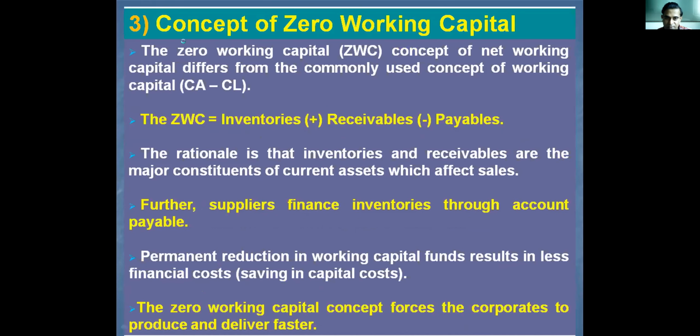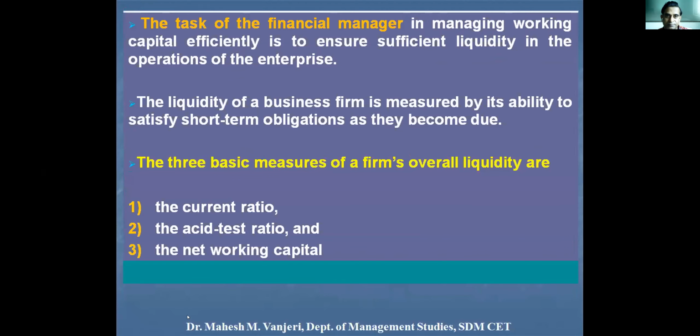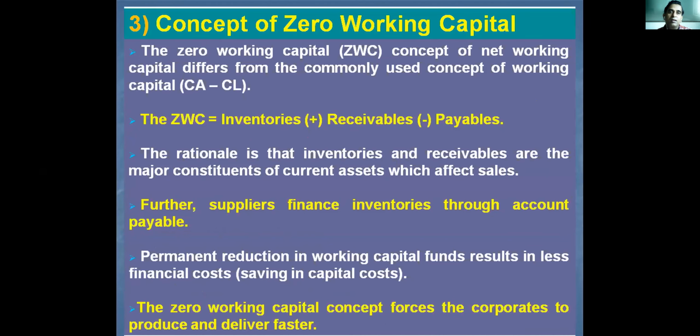The third concept of working capital is zero working capital. The concept of zero working capital differs from the commonly used concept of net working capital, that is, current assets minus current liabilities.